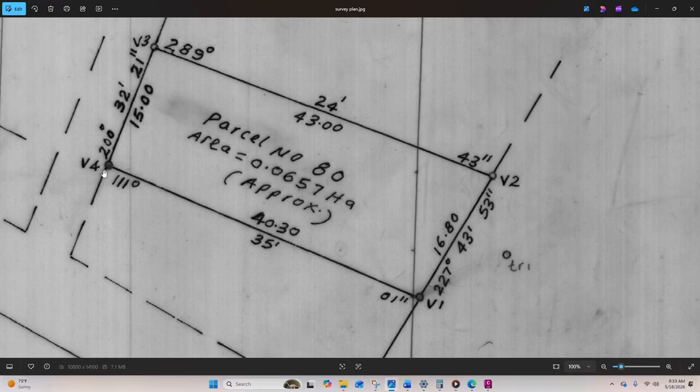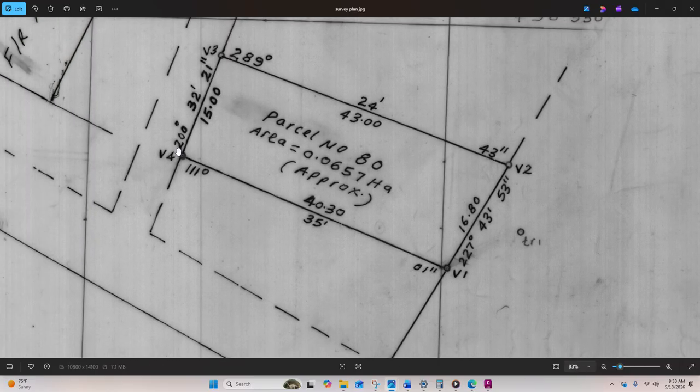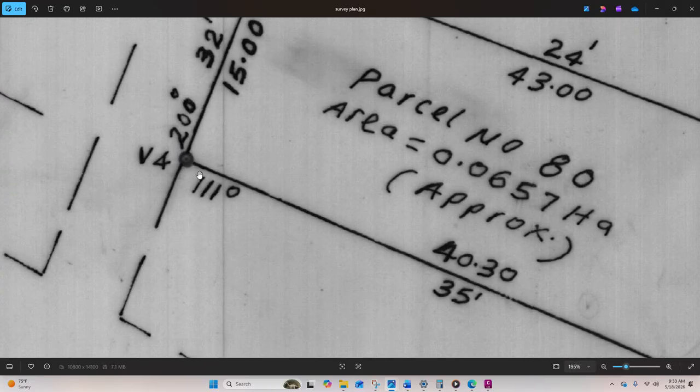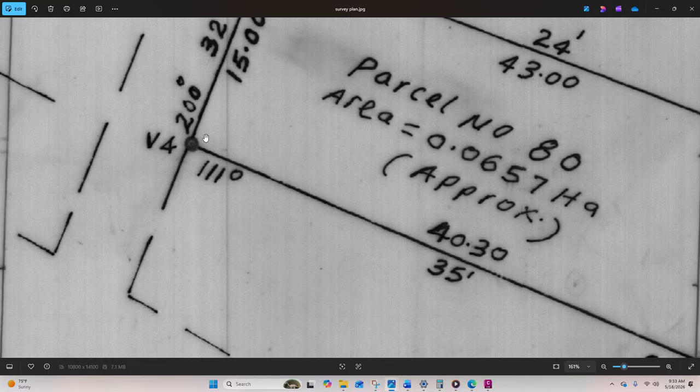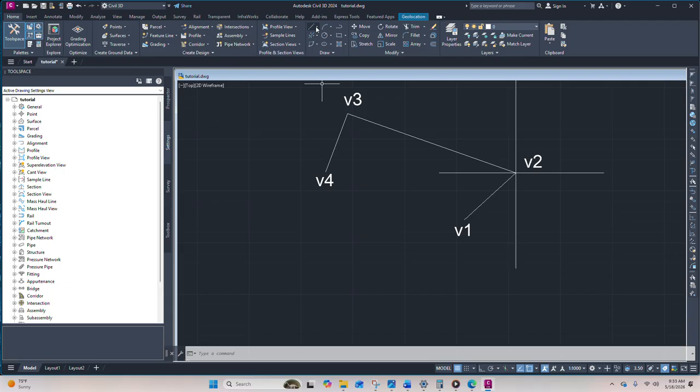You need to measure from V4 in order to achieve 111. So this one will be our 0. Then you have 90. Then you will have 21. So 90 plus 21 will be 111.